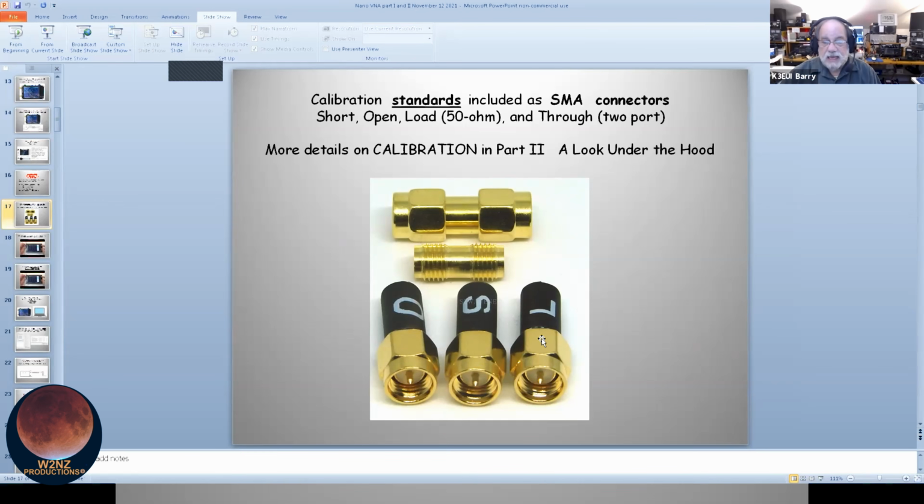In most cases, we calibrate this based on 50 ohms because that's 50 ohm coax, 50 ohm impedance output on the radios. 50 ohms is kind of common. But you could calibrate it with any standard, 600 ohm, anything. I'll talk a little bit more about why this is so essential and some of the subtleties of this if I give a part 2 under the hood, but I don't want to get too involved in the calibration aspect of this.